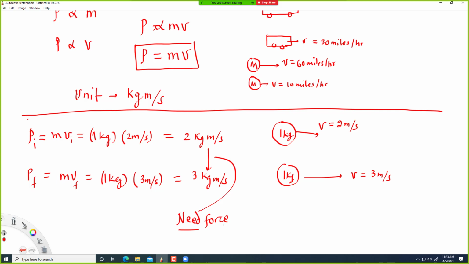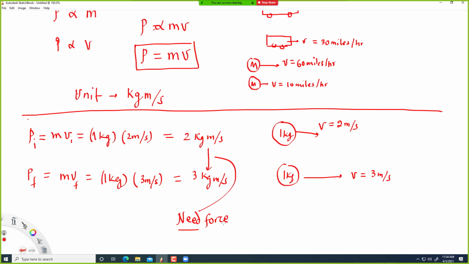But I'm going to apply force on one for longer than the other. I'm going to apply force on the right one a little bit longer, and on this one a little bit shorter. So I'm applying force for a longer time on the right one. Which one has the greater change in momentum?